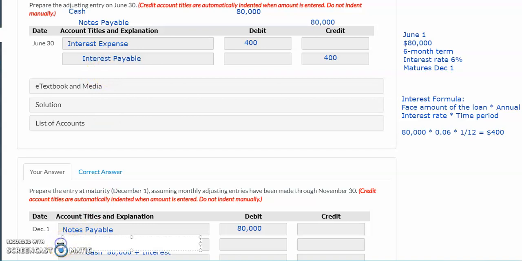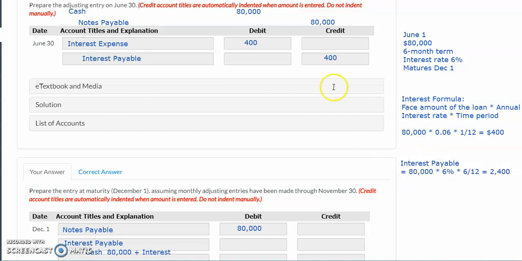And at the end of the term, we need to pay off the interest payable for all 6 months. So we know that our interest payable for all 6 months is going to equal $80,000 times the 6% interest rate times 6 over 12 months, which ends up being $2,400.